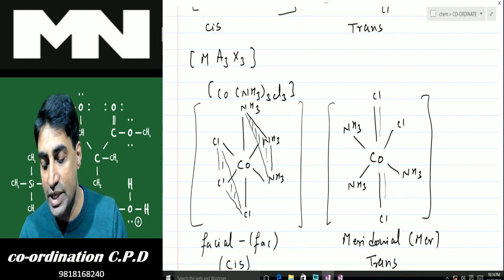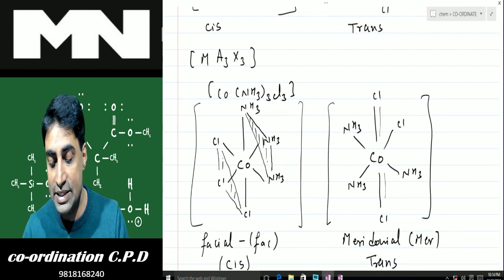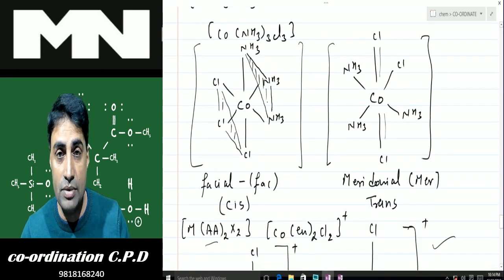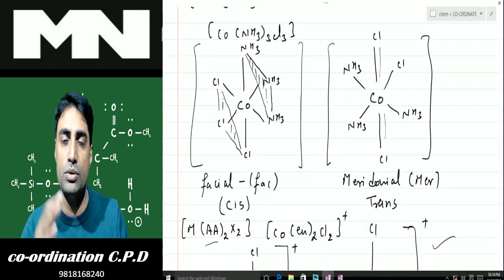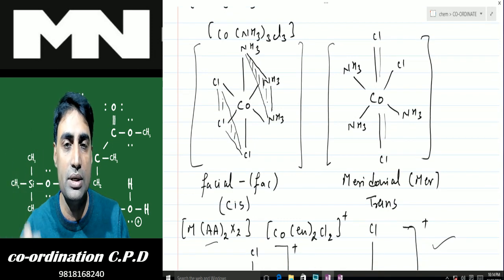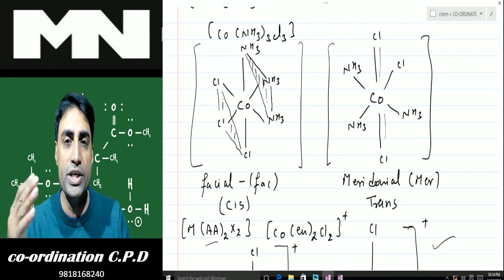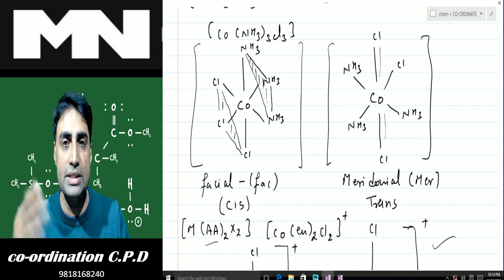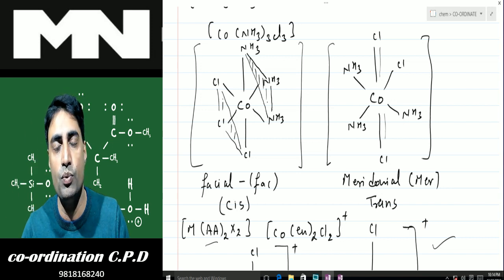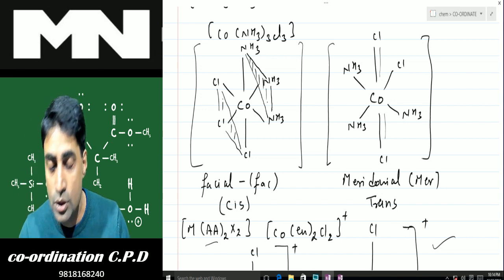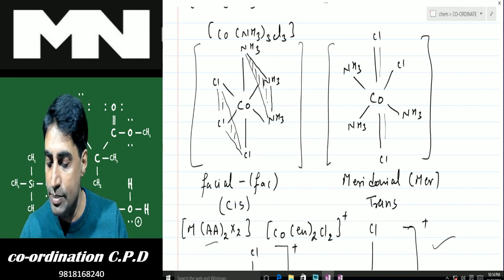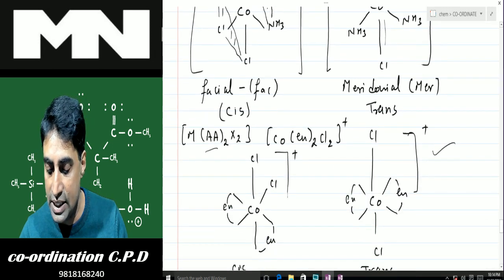We can have another form, that is MA3X3, that is [Co(NH3)3Cl3]. They will exhibit facial and meridional isomerism. If the like groups are on the same side, they form a face of the octahedron, so that is facial. If the like ligands are on the opposite side, on the meridian, we call it meridional. So facial is very similar to cis and meridional is very similar to trans.